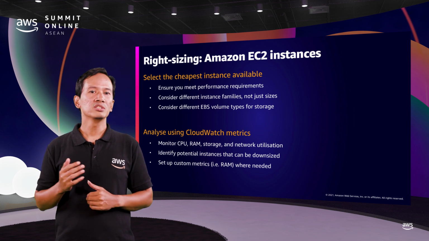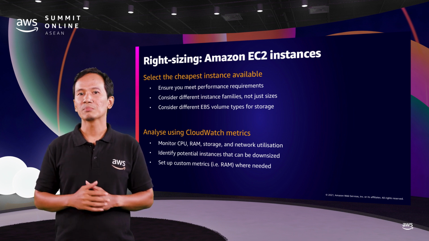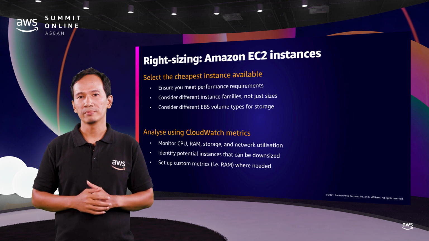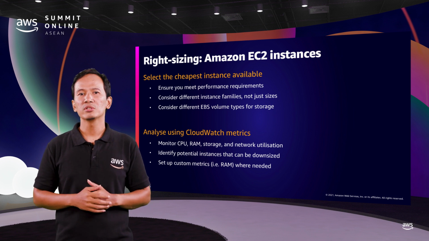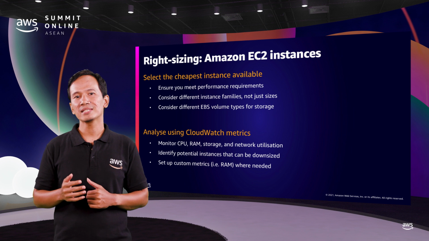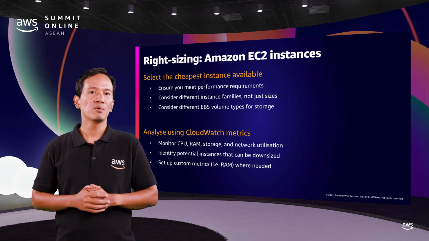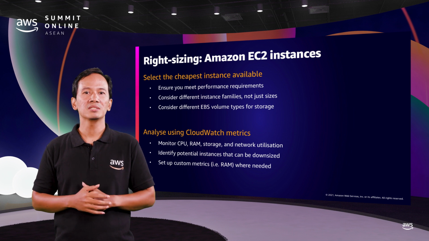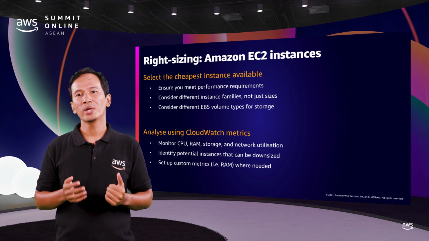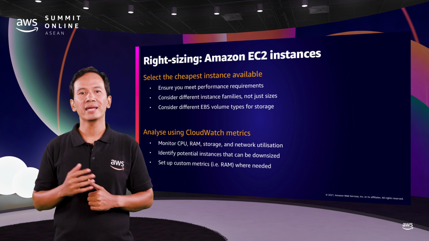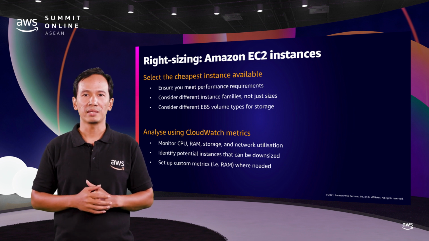Likewise, you can choose the lowest price storage volume that matches your performance requirement. And I would like to tell you about gp3, a new type of SSD EBS volume that lets you provision performance independent of storage capacity and offers a 20% lower price than the existing gp2 volume type.